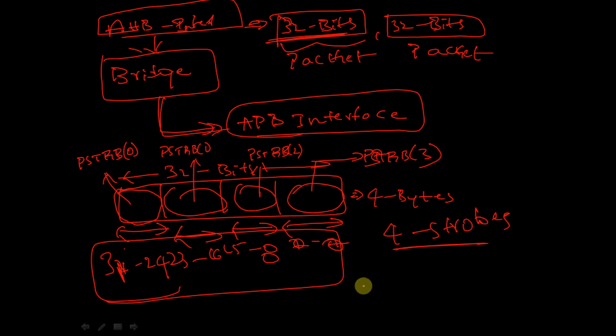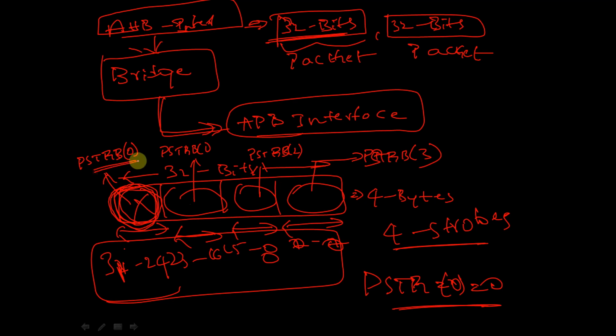What happens if PSTRB[0] is equal to 0? Then it indicates that the bridge cannot send data to this particular byte lane. Even if it sends the data, this particular byte lane will be invalid if it is equal to 0.